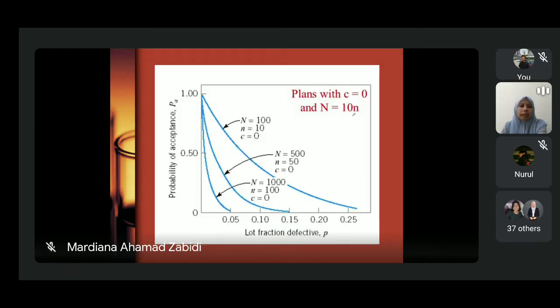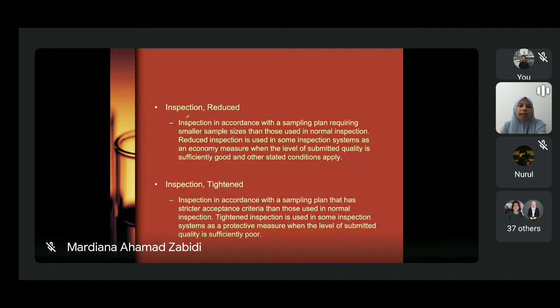So this is another OC curve for the acceptance or defective of the product. Okay, this is another one for the inspection. This one will be the techniques that we want to perform when we do the sampling. Remember, before we left the meeting last Monday, I mentioned the reduced and tightened sampling plan.